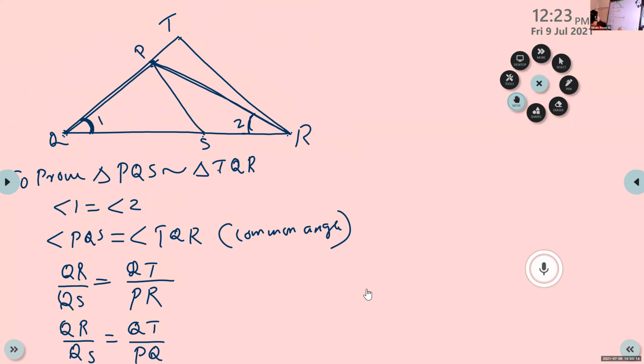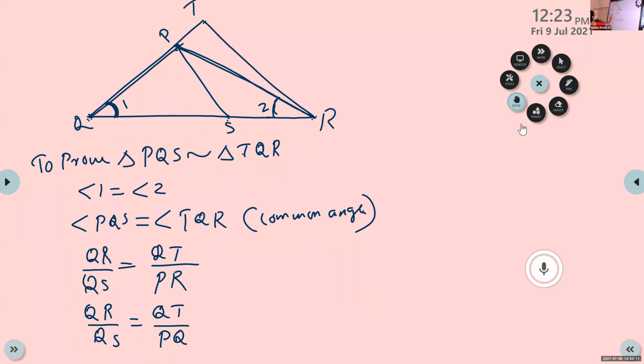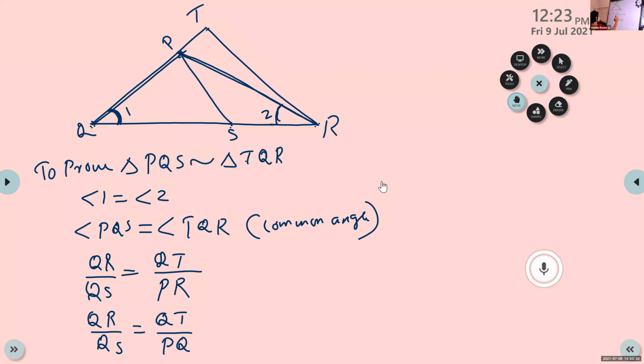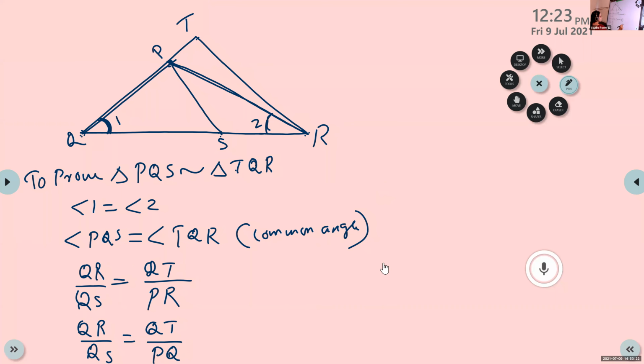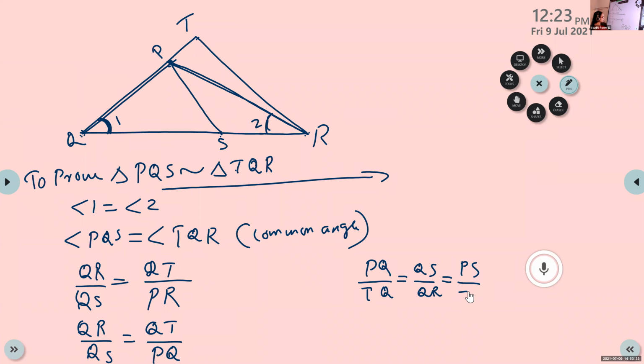For getting similarity for these two triangles, we need three ratios: PQ by TQ equal to QS by QR equal to PS by TR. Here we have QR by QS equal to QT by PQ, but actually we need QS by QR, so just take the reciprocal.